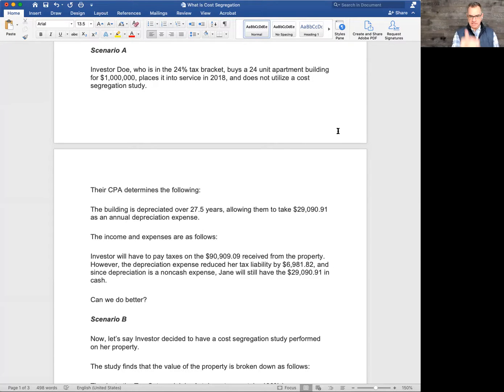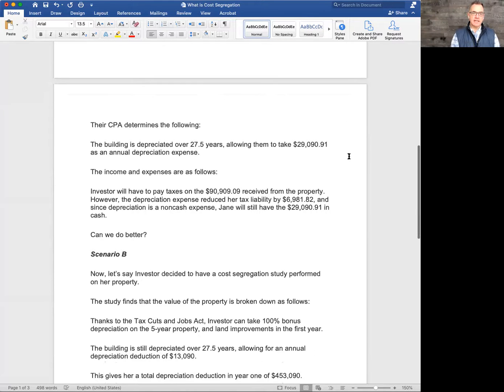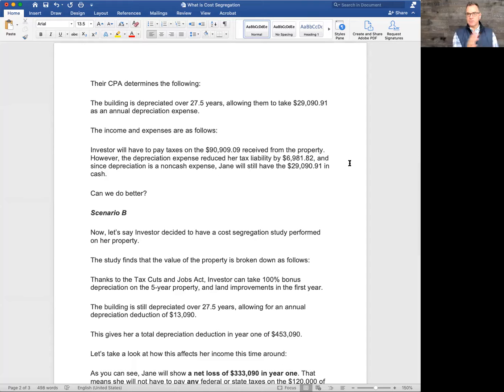But just to make it as simple as I could, I went through as follows. In this example, they buy 24 units for $1 million, and all they do is utilize depreciation, not cost segregation. The building is depreciated over 27.5 years, allowing them to take almost $30,000 in annual depreciation.